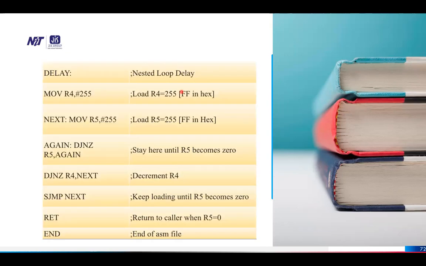So here it is, delay, nested loop delay. Then MOV R4, #255, load R4 with the 255 hex number. Then MOV R5, #255, load R5 with 255. Again DJNZ R5, stay here until R5 becomes 0.